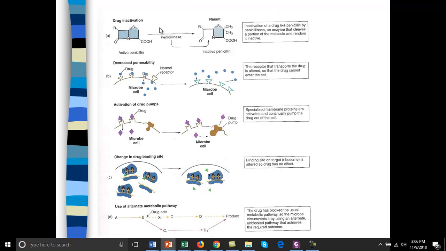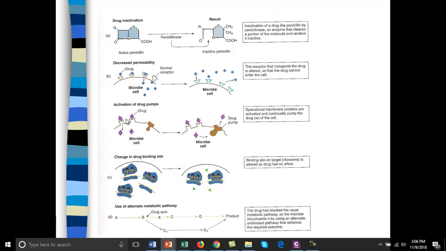Okay, and there's lots of ways that these drug resistance genes can inactivate antibiotics. Like here's active penicillin, and penicillinase will just break the beta-lactam ring. You can have a microbial cell where the drug normally goes into the cell and it adapts so the receptor no longer accepts the drug.